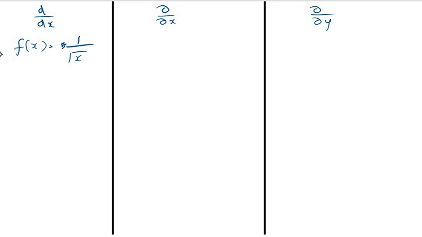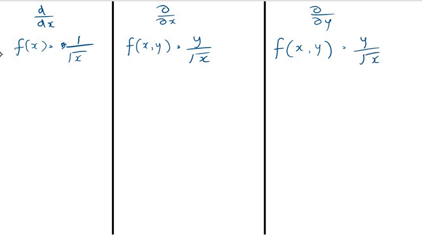And for the partial derivative, let's define a function f(x, y) equals y over square root of x. So these are the two functions that look like single variable functions, but the second is a multivariable function.